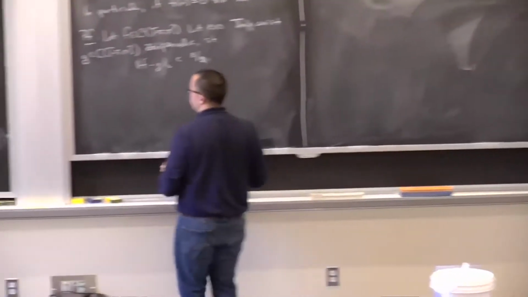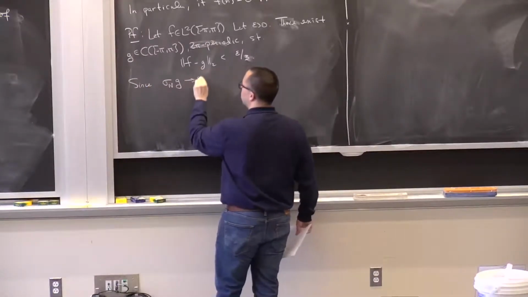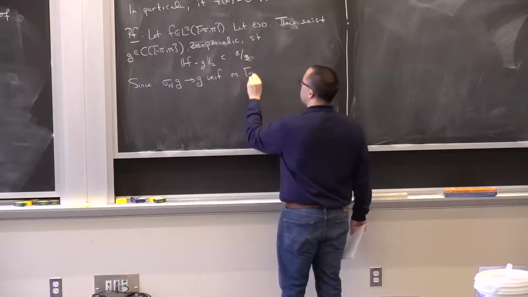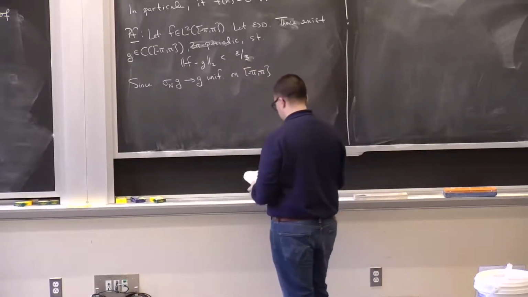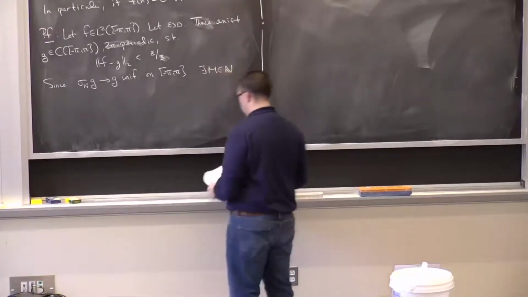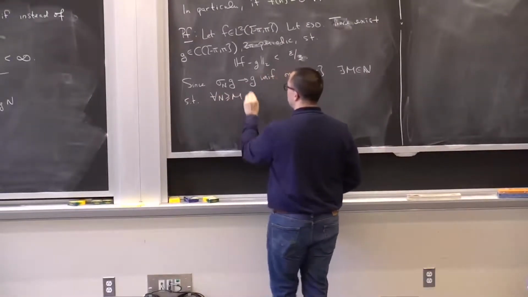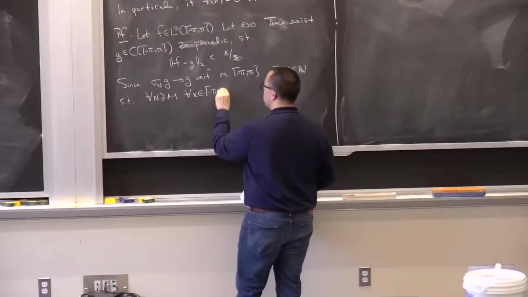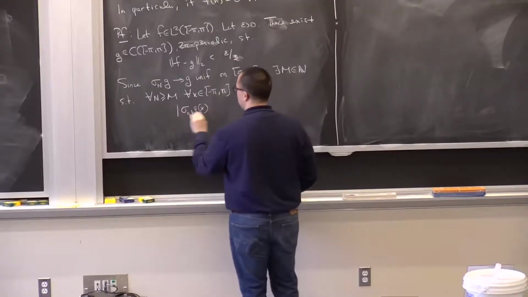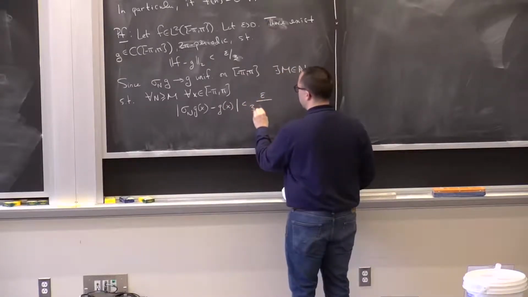So since sigma n G converges to G uniformly on minus pi to pi, there exists a natural number m such that for all n bigger than or equal to m, for all x in minus pi to pi, I have that the absolute value of sigma n G of x minus G of x is less than epsilon over 3 square root of 2 pi.